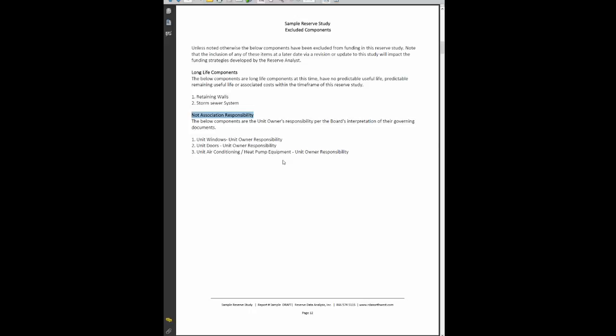And this excluded component page will list those if there's a specific reason and specific list that we provided, or based on governing documents or interpretation of your governing documents. Whatever the case is, every community and organization is different on why they want to exclude certain items. But if there's any specific notes about any components, we want to put it up front here of why it was excluded.